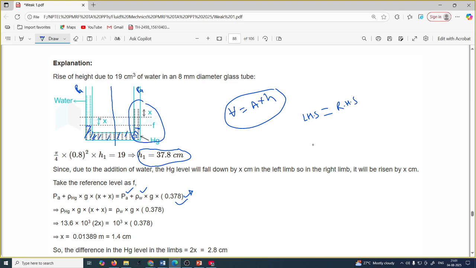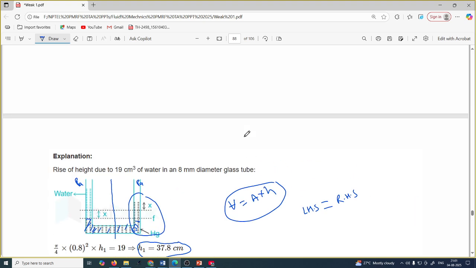Not capital X, because one x is going down and the other x is going up. So in the mercury level, 2x is the difference, because of this x and this x. Previously I was saying something by mistake.